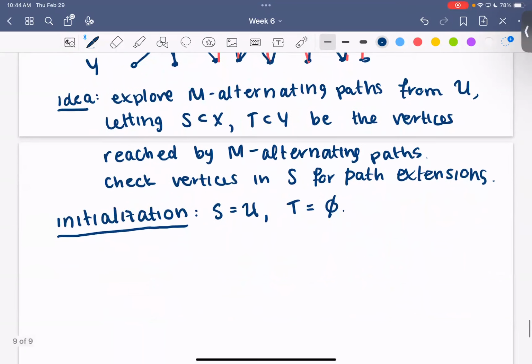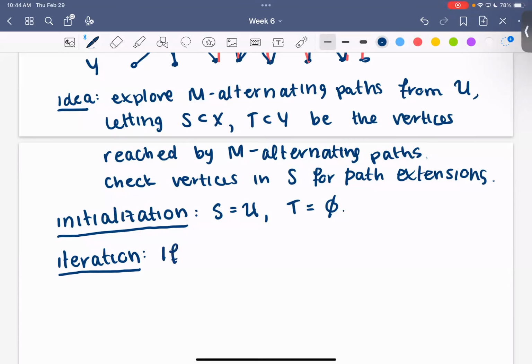And then for our iteration, at each step, I'm going to mark off the vertices in S that have been checked. So to start with, I'm going to select an unmarked vertex in S to work with.